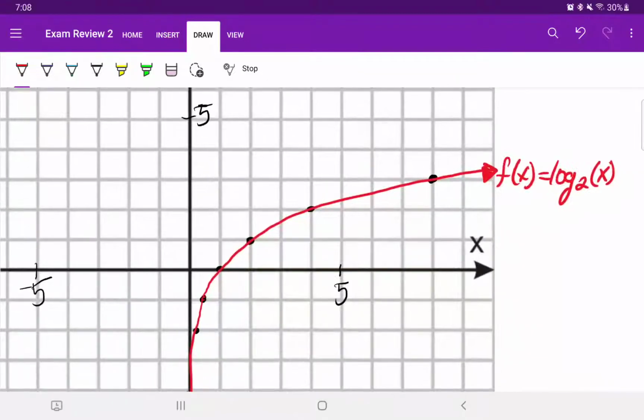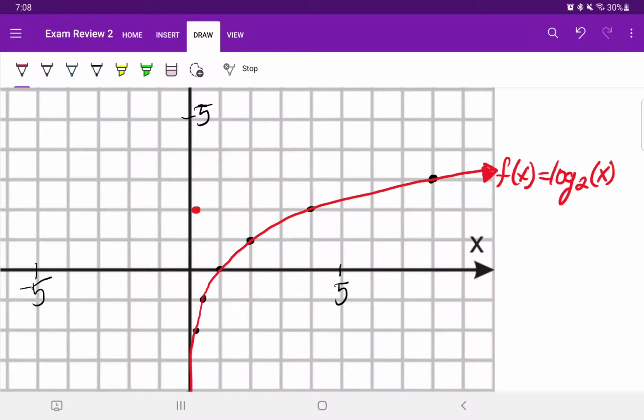So, this point right here is the point of 1/4 and -2. Reflect that across the x-axis, that's going to be the point of 1/4 and +2. Once again, you're changing the sign of every y-coordinate. This right here is the point of 1/2 and -1.